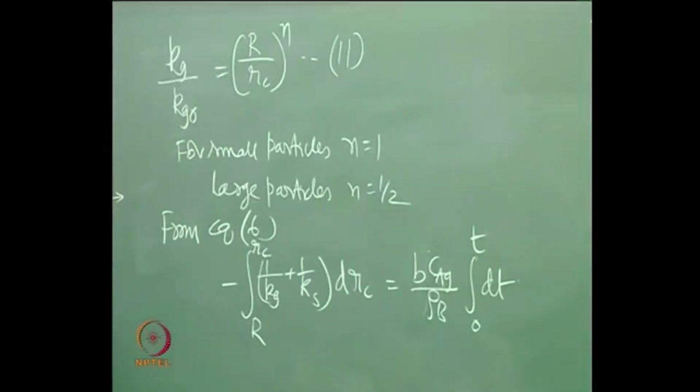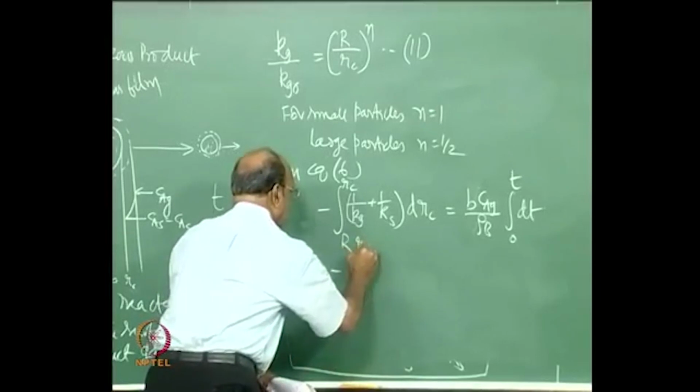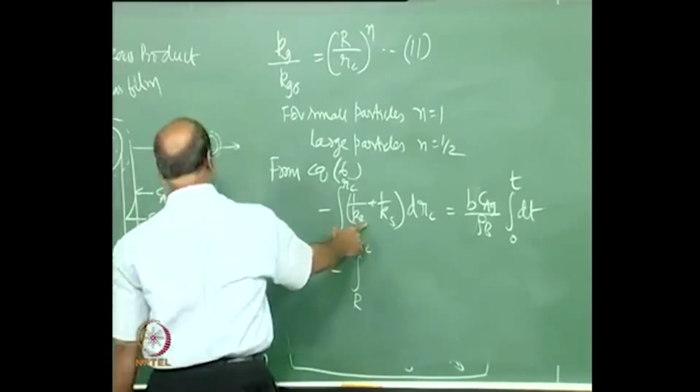That is what I have to integrate, but I cannot integrate this straightforward because this Kg is a function of RC. So, that is why now again minus R to RC, here I will substitute for Kg equation 11.